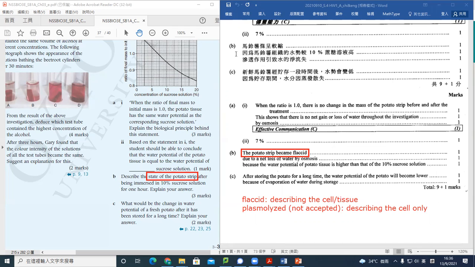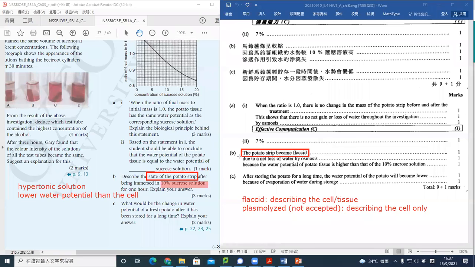Because 10% sucrose solution is actually a hypertonic solution. Hypertonic solution has a lower water potential than the cell.